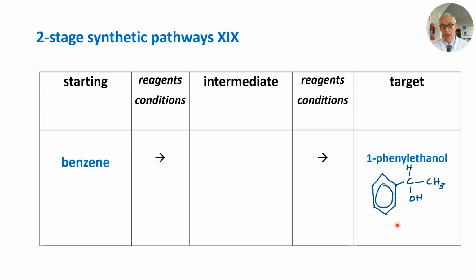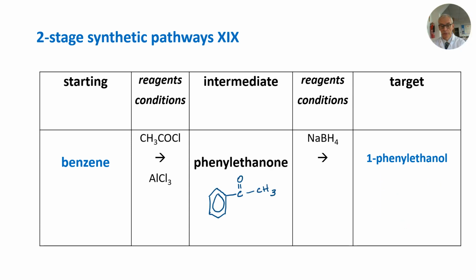Okay, come up with a solution for how to make 1-phenylethanol from benzene. Okay, I'm going to reveal. So phenylethanol is a secondary alcohol, so that will come from a ketone, phenylethanone.